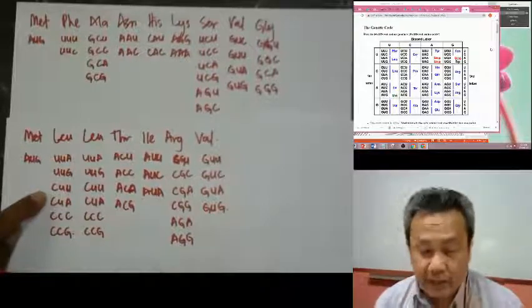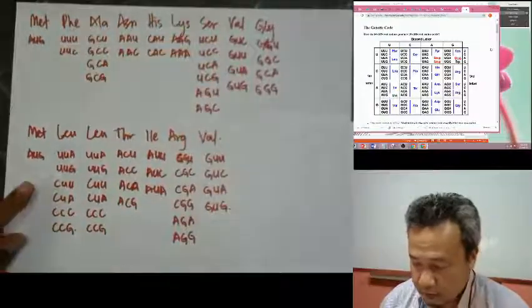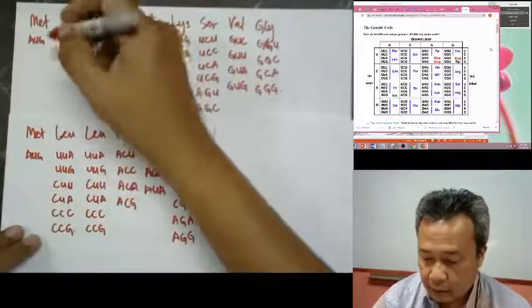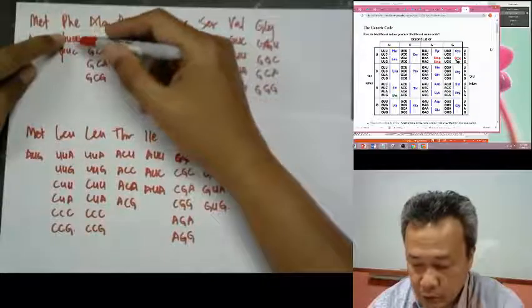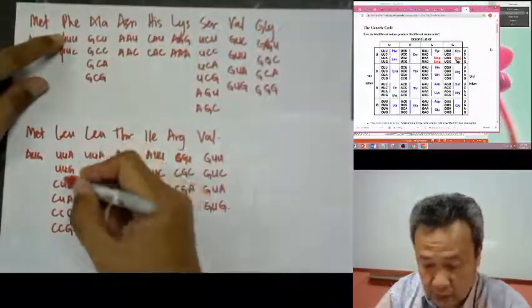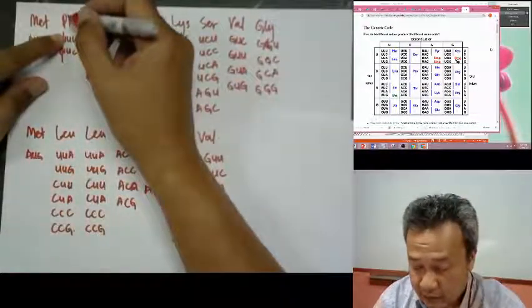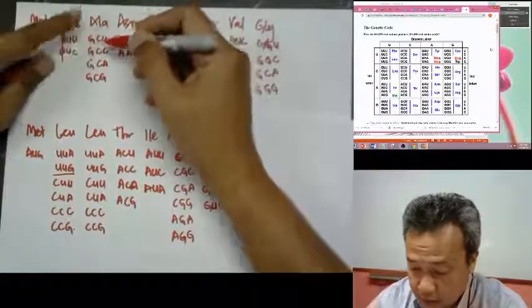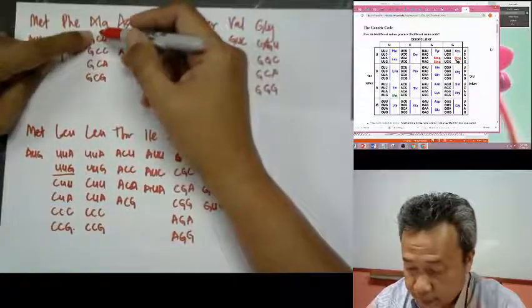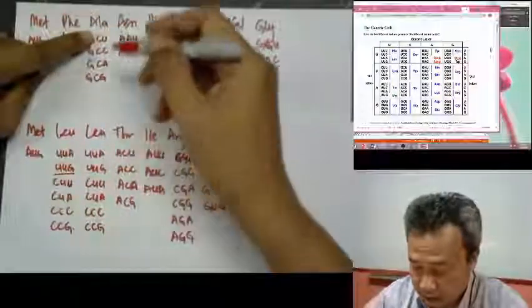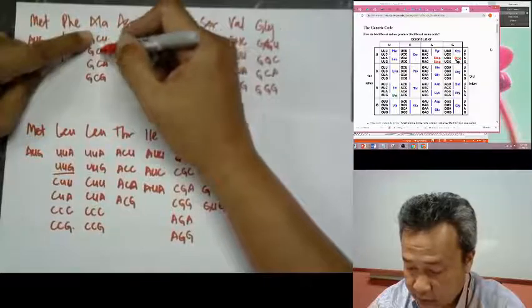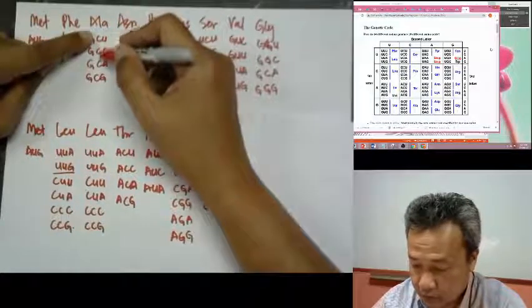So let's see if it's a deletion. If it's a deletion, that means that one will go out, so you're left with the first sequence, which is UUG, which is correct. So phenylalanine initially becomes leucine, so you have UUG, correct. For the next codon, you don't know which one, but to fit leucine you can have CUA or CCA or CAA.